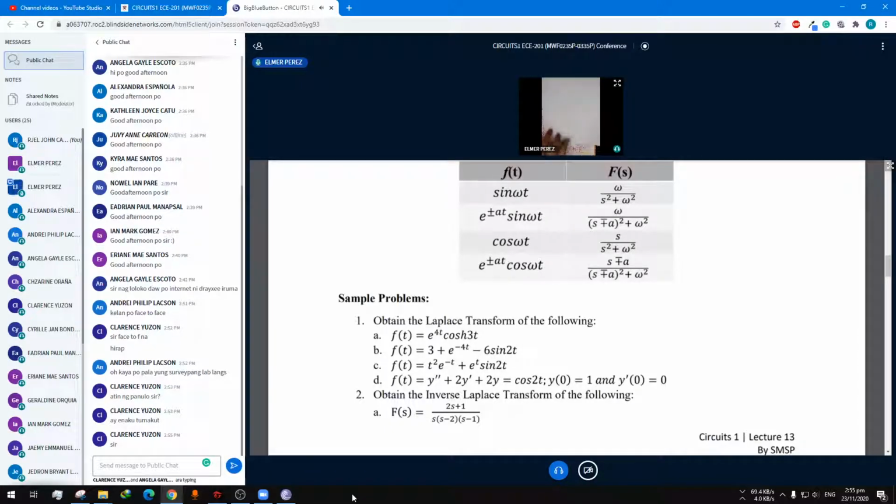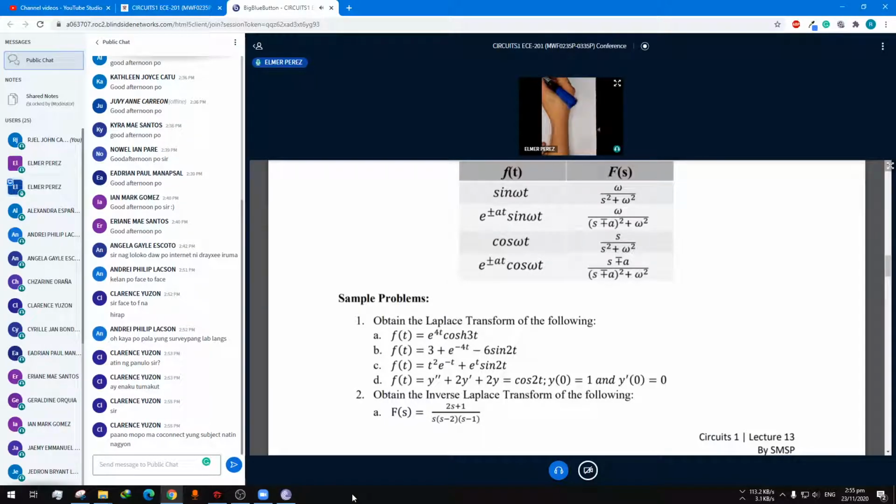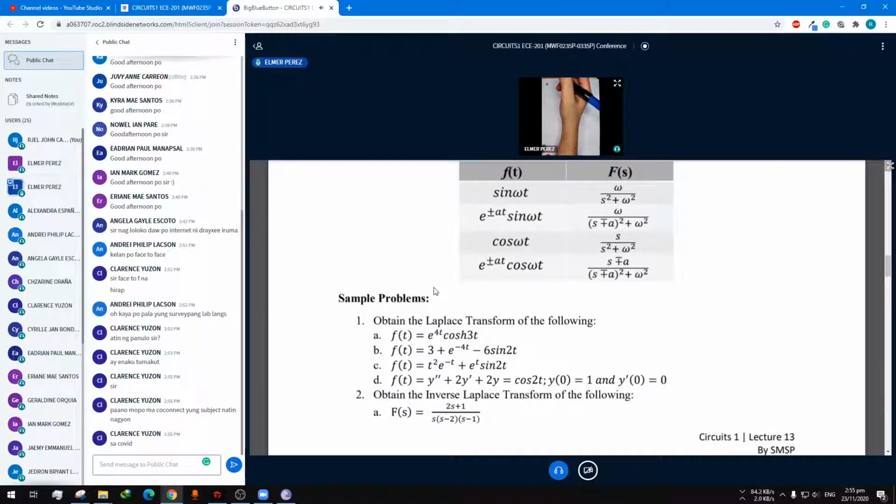Yes, Clarence. Yes, you have a question? So we'll start with our first example. Number 1, letter A. Paano mo po mako-connect yung subject natin ngayon? Assignment mo yan. Ewan ko.